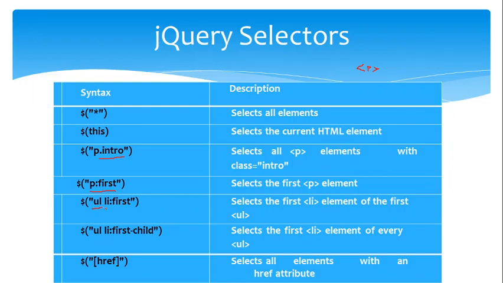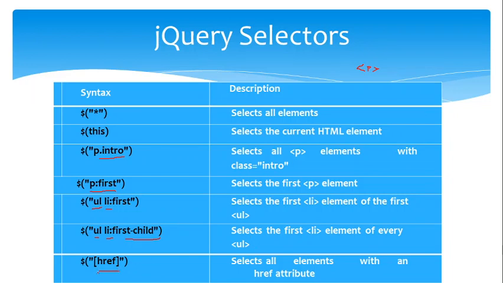From the ul, select the first one. ul li first child. So you can make the selector as per your requirement, whatever operation you want to perform on the website. Select the first li element of every ul: every ul's first child element.